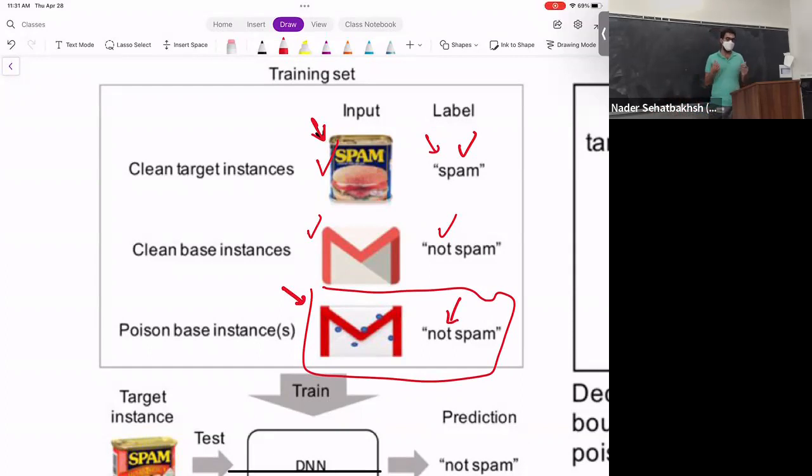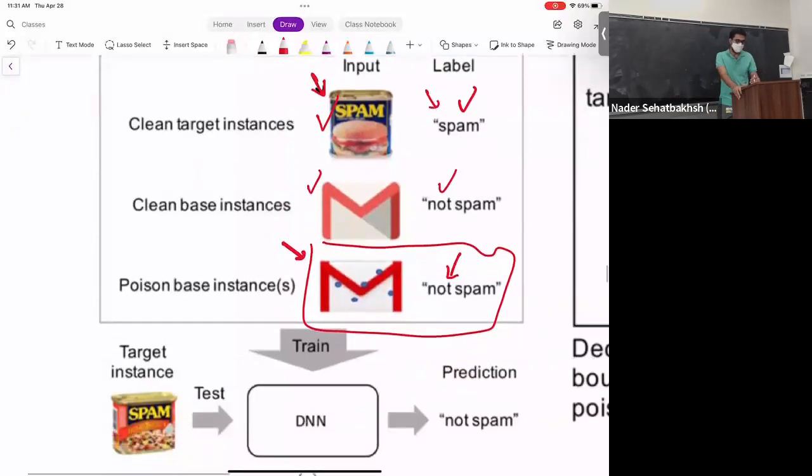In a normal scenario, this should have been labeled as spam, but the attacker intentionally injects these poison samples into your training set and adds this randomness and incorrect information to your system. So what would happen if the attacker can do that? We're going to talk later about how we can do it, but think that somehow the attacker finds a way to poison your data set with these incorrectly labeled values, okay?